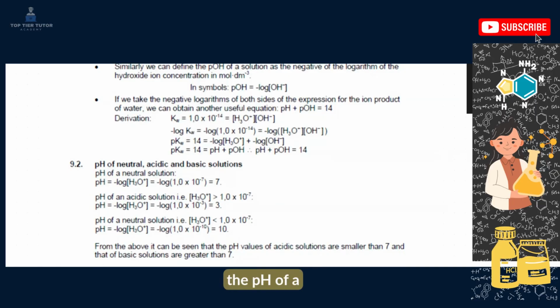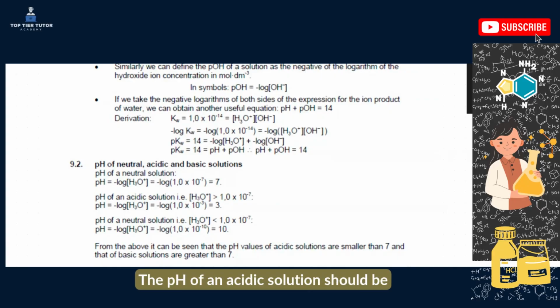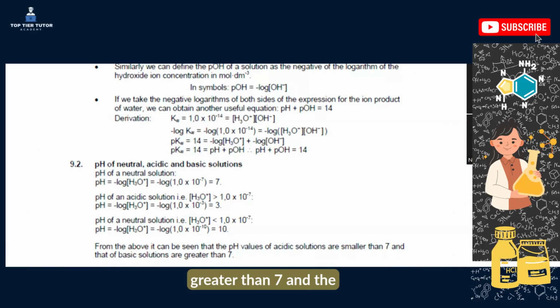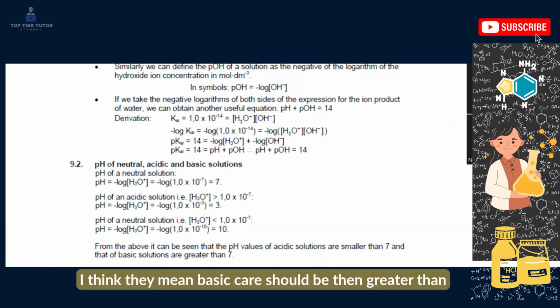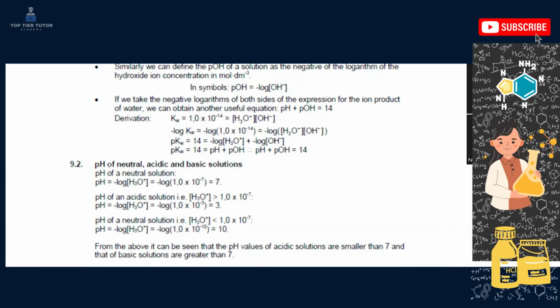So the pH of a neutral solution would be 7. The pH of an acidic solution should be less than 7, and the pH of a basic solution should then be greater than 7.